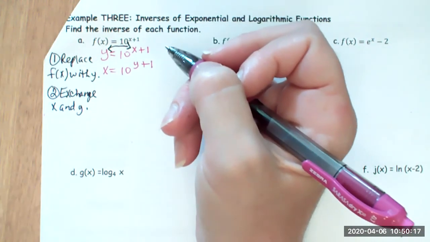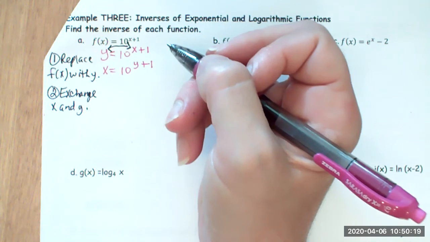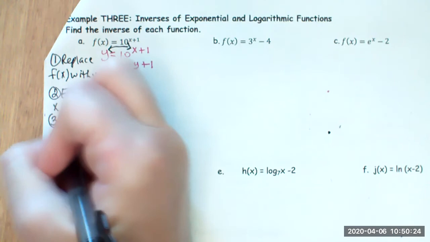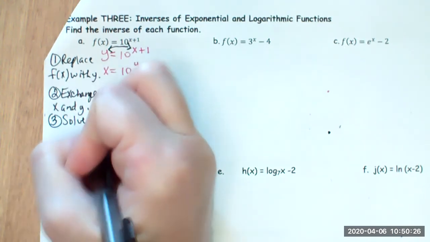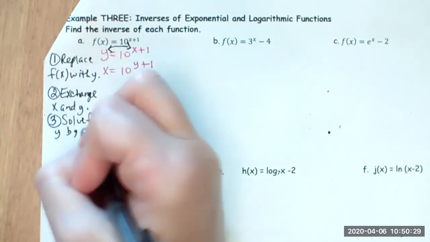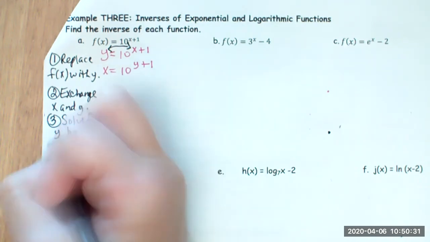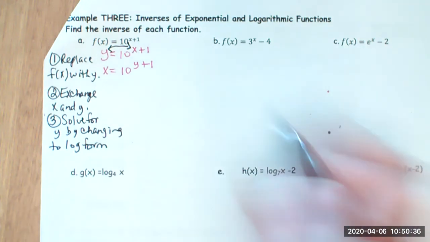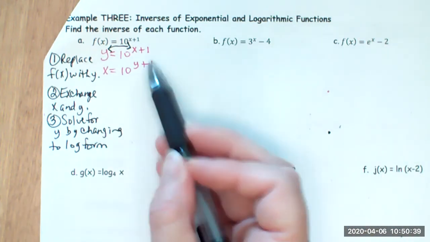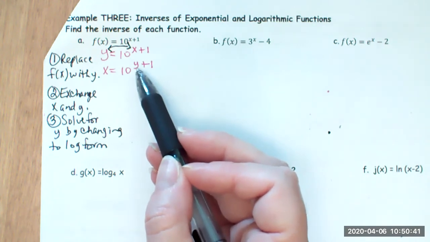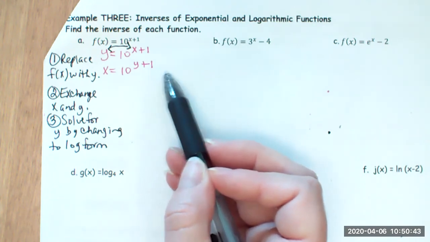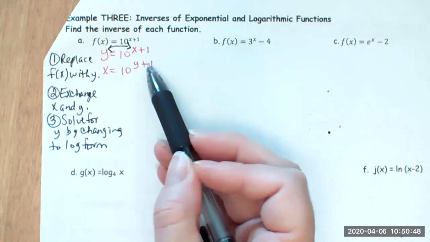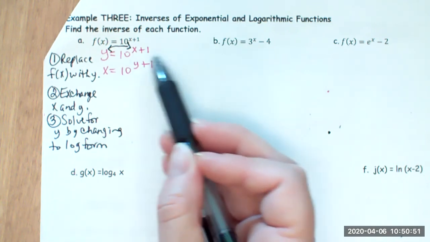Okay. Now, in order to solve for y, we're going to change to logarithmic form. And keep in mind we can only do that since the power is already isolated. So you want to make sure your power is isolated, that there's no numbers being added or subtracted to the power. Here you have a number being added within the exponent, but still the power itself is isolated.